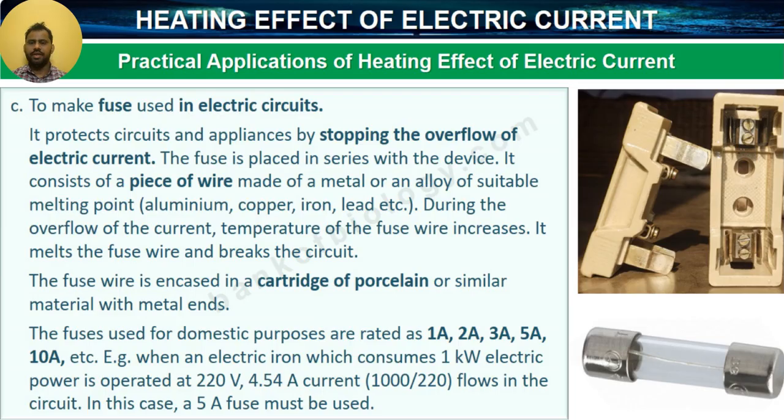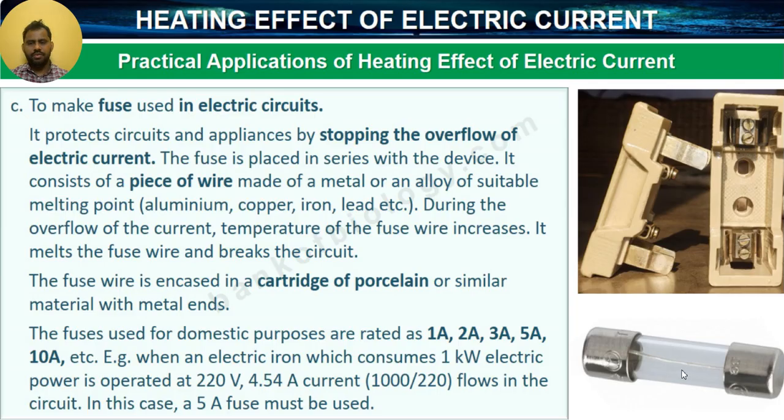It melts the fuse wire and breaks the circuit. The fuse is a device used to protect the electrical appliance. The fuse wire is encased in a cartridge of porcelain, with metallic ends.